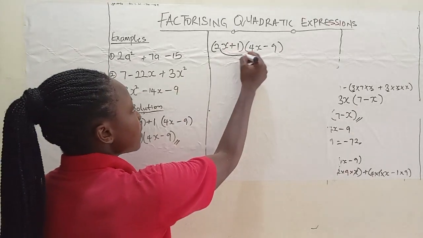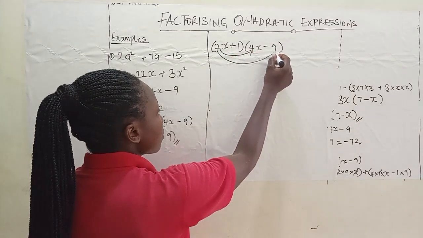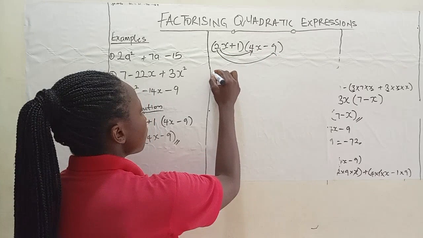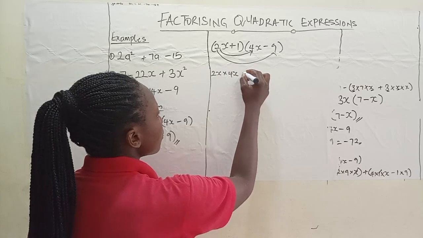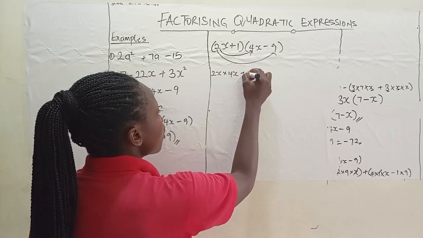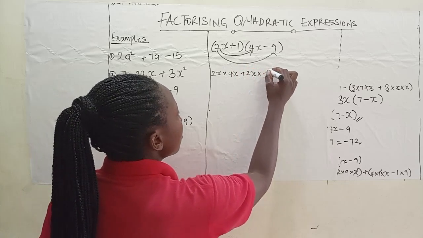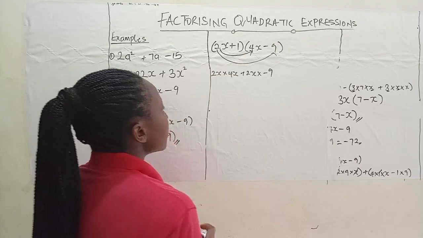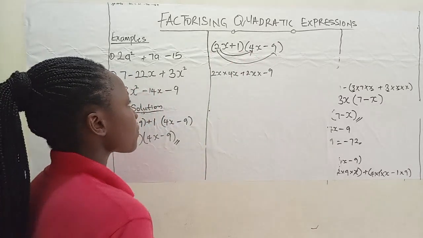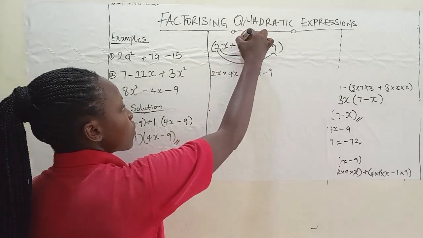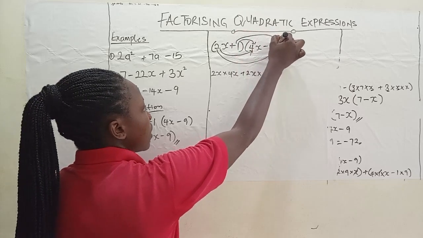So let's go. We are multiplying this with this, and equally multiplying this with this. So we're going to have 2x times 4x plus 2x times minus 9. Then we are multiplying this one too and this one.